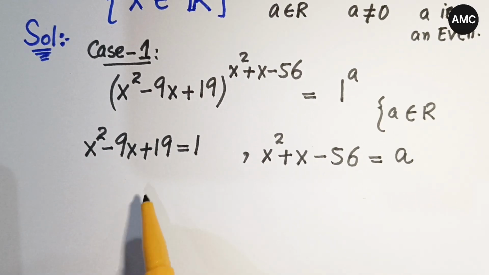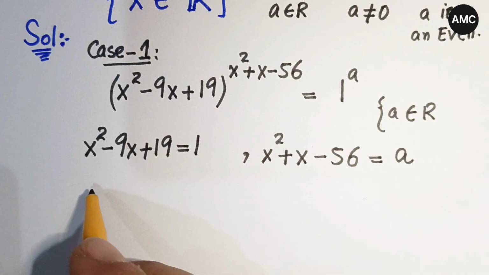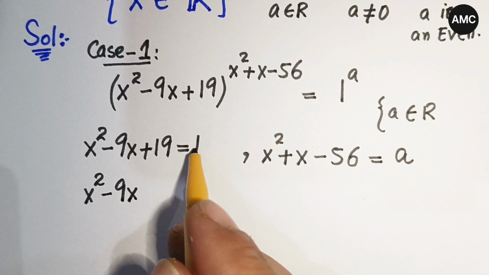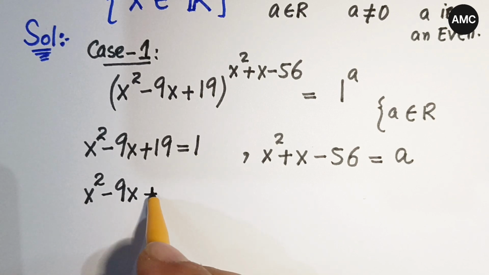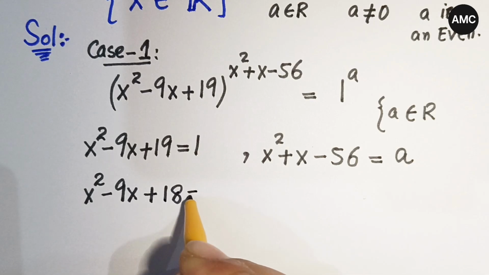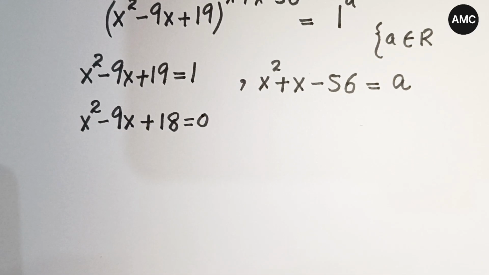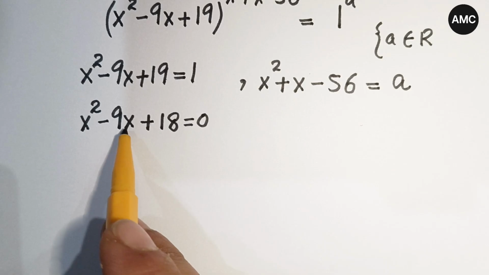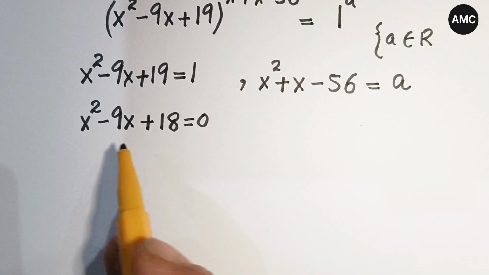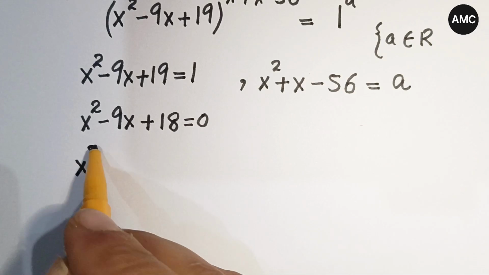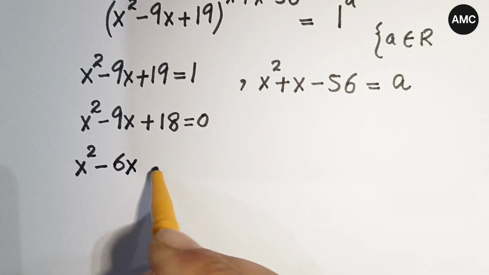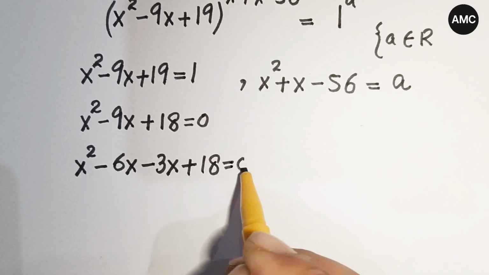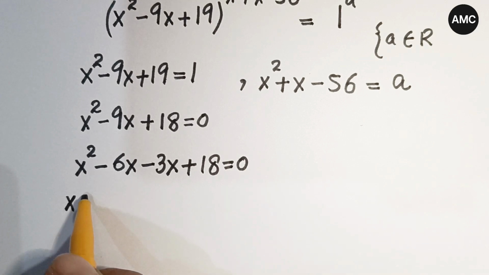From the first equation, if we shift 1 to the left-hand side, we get x² − 9x + 19 − 1, which is x² − 9x + 18 = 0. Here it is a nice quadratic equation, and we solve it by factorization. The −9x can be split into −6x and −3x, so x² − 6x − 3x + 18 = 0. Taking x common and −3 common, we get (x − 6)(x − 3) = 0.